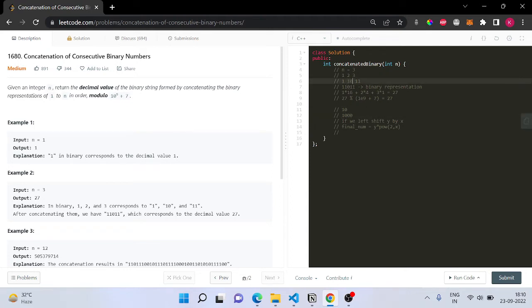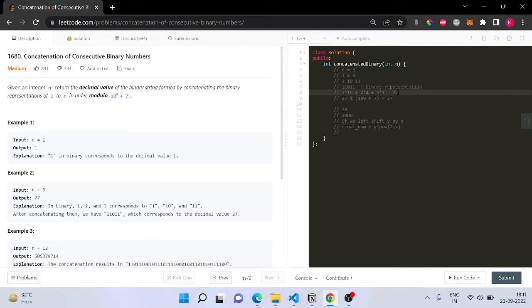We are left shifting 2 by the number of bits in the binary representation of 3. So we are left shifting 2 by 2, that is 2 to the power 2, that is 4. And the number of bits in 2 and 3 combined is 4, so we are left shifting 1 by 4.